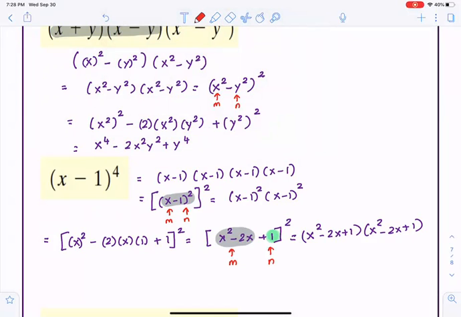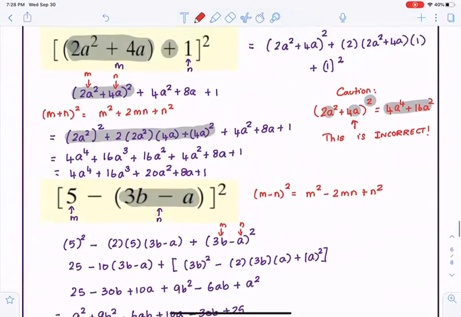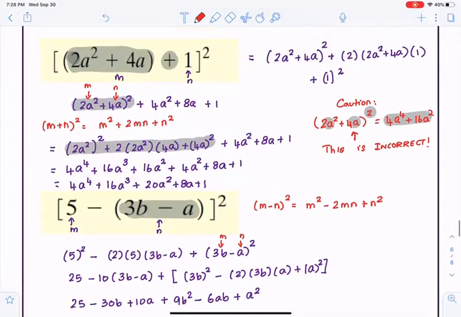Now that is of the identity m plus n squared, which is way back over there. We know m plus n whole squared is m squared plus 2 times m times n plus n squared.